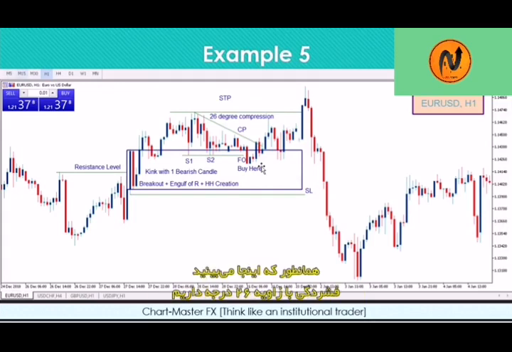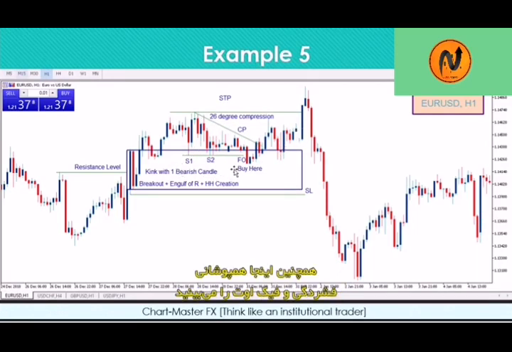As you can see, guys, here this was a 26-degree compression. We talked about that when we talked about compression, guys. Usually this is below 45 degrees, so it validates itself to be a good compression. So guys, you can see that the price was able to compress to the king zone, and you would place your trade here.